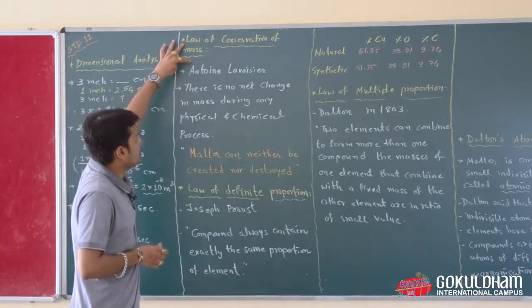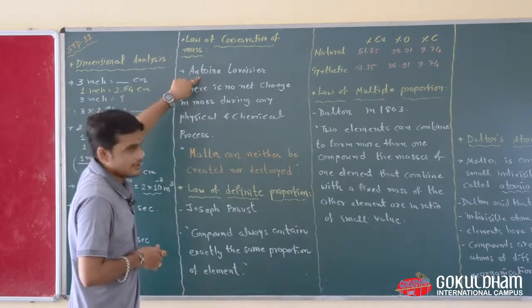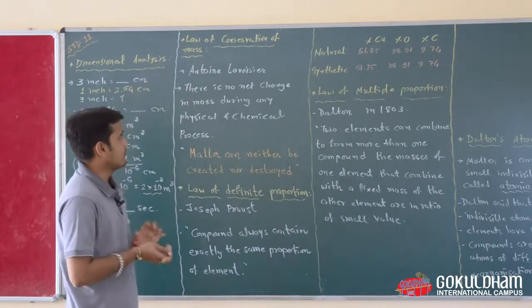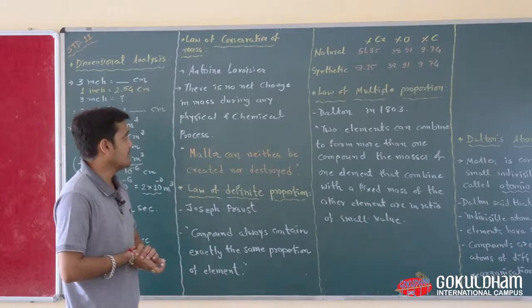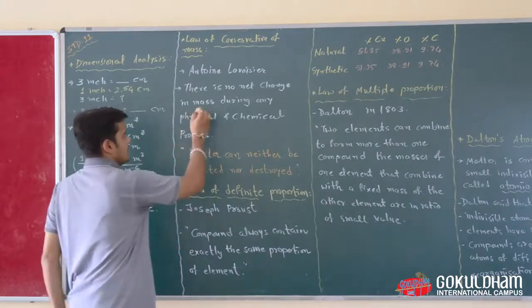This law of conservation of mass is given by Antoine Lavoisier. He said that there is no net change in mass during any physical and chemical process. This is the most important part of this rule.